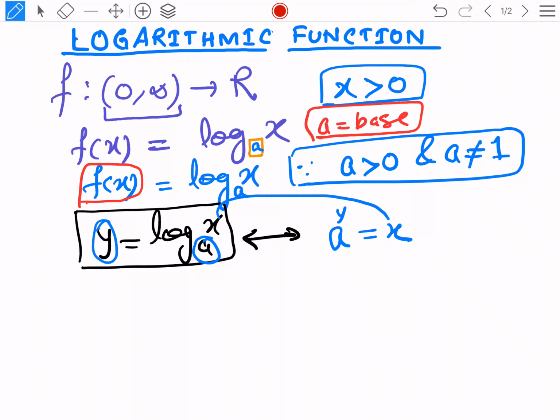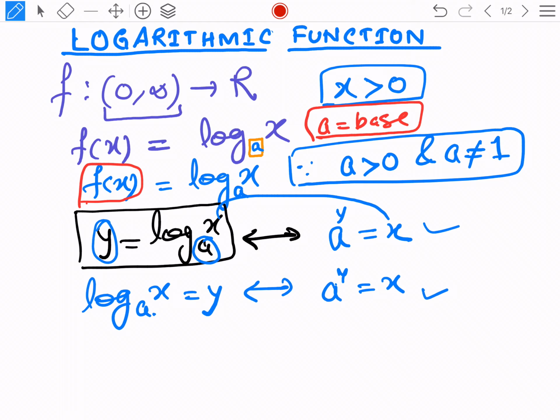This is the exponent expression. So always remember, anywhere log of x base a is equal to y is written, it means we can write a to the power of y is equal to x. It will be easy for calculation.